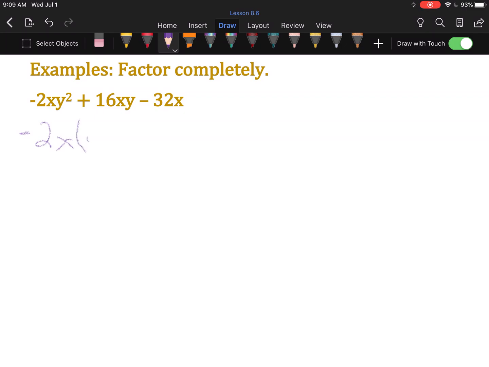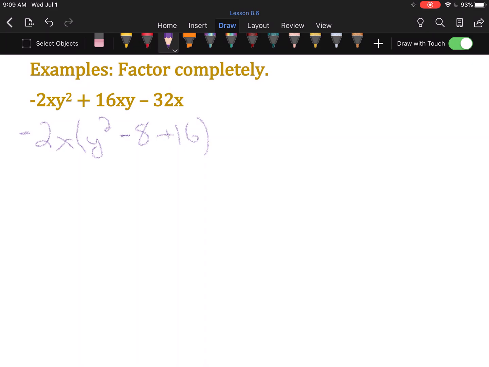That would leave y squared, because negative 2 divided by negative 2 is 1, and the x's are coming out. In the middle term, 16 divided by negative 2 is negative 8. And in the third term, negative 32 divided by negative 2 is positive 16. So now I have negative 2x times the quantity y squared minus 8 plus 16.